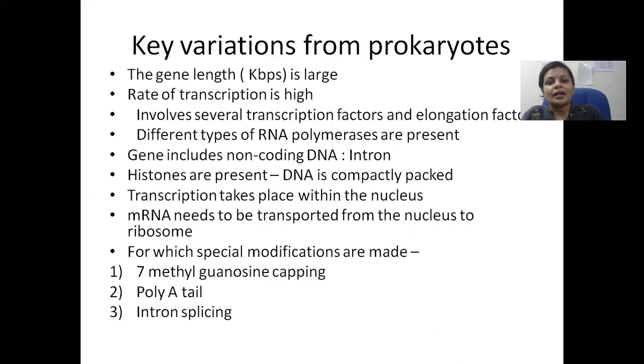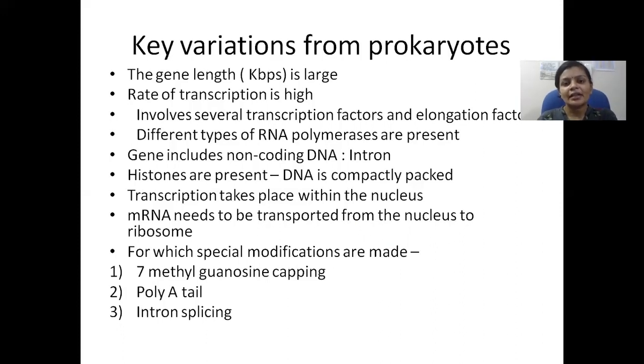And then other important differences include transcription factors. When we say factors, we are referring to proteins which are assisting the process of transcription. So there are any number of transcription factors and elongation factors in eukaryotes, which is very large when compared to the number of proteins involved in prokaryotic transcription.